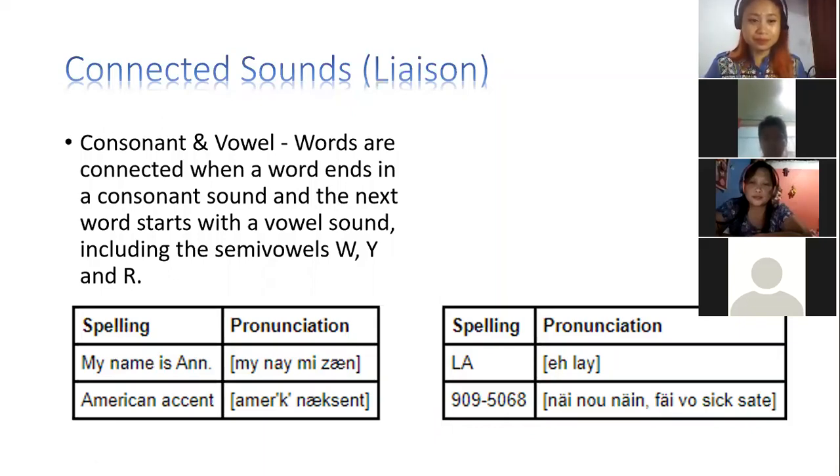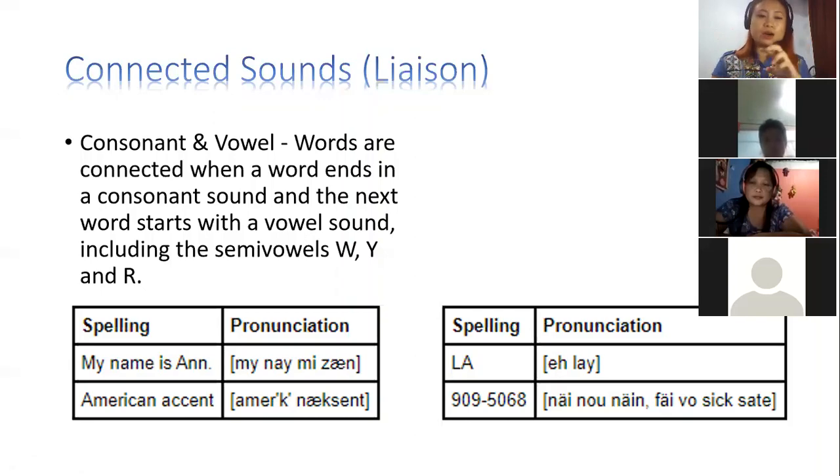Connected sound, consonant and vowel. Words are connected when a word ends in a consonant sound and the next word starts with a vowel sound, including the semi-vowels W, Y, and R. Connected sounds means that the sounds are connected.